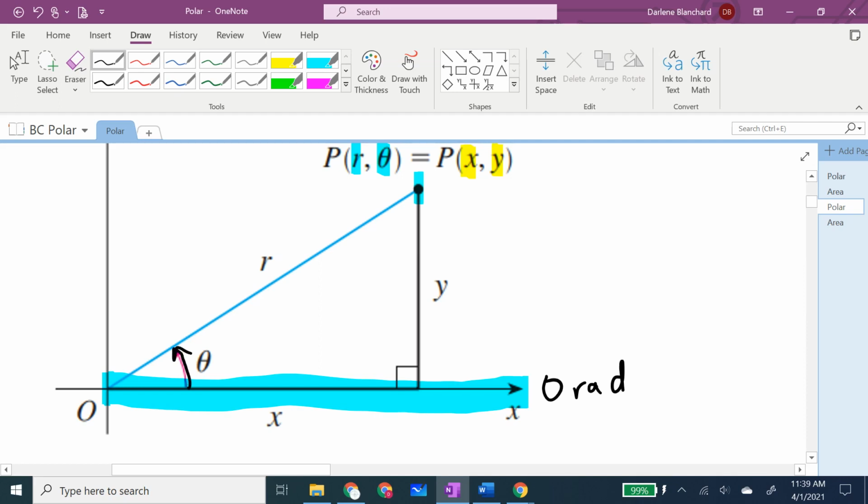So when I plot a polar point, I have actually not a distance, a displacement from the origin, I'll explain in a moment, and an angle of rotation. The thing is, r can be positive and negative, theta can be positive and negative.